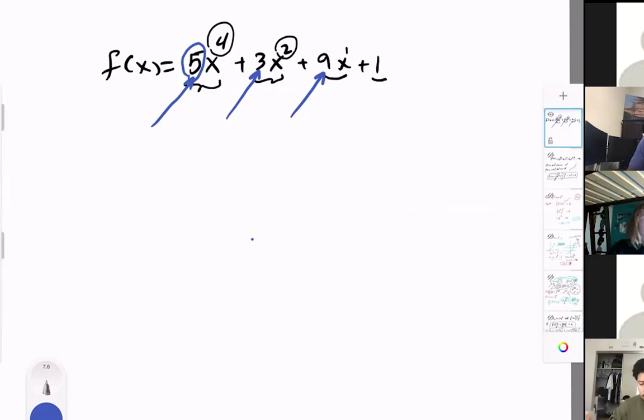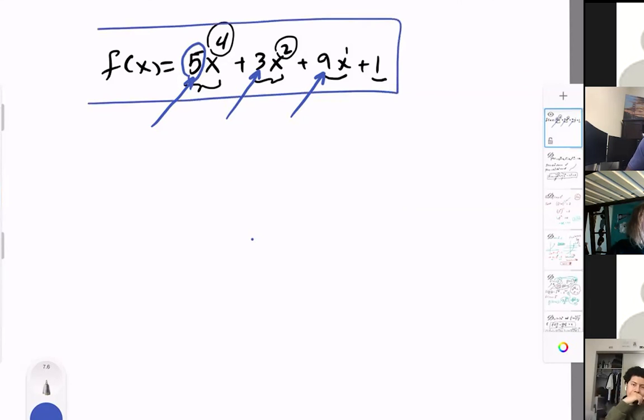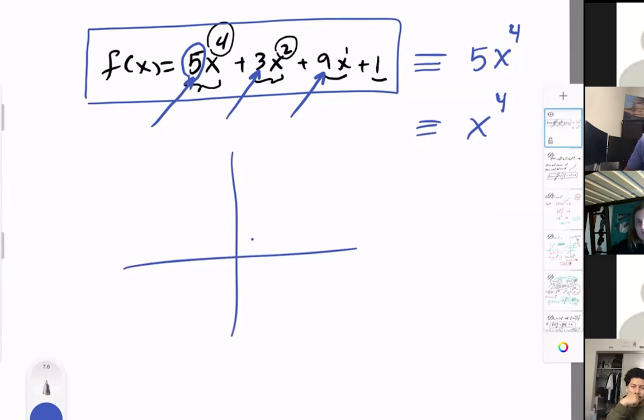All right. So this polynomial and 5x to the power 4, or just x to the power of 4. I'm not going to say they're exactly the same, but they behave the same in the long term. If we graph x to the power of 4, let's say we're going to get something like that.